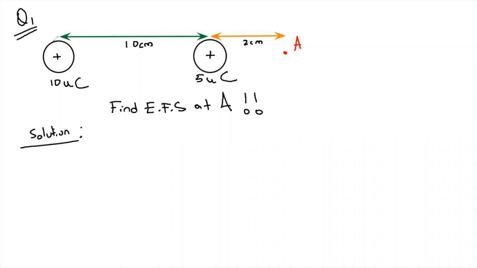Let's say this is 1, this is 2. So E1 plus E2. Let's find E1. E1 is going to be equal to KQ divided by R squared. Now let's plug in the values. What is the value of K, by the way?